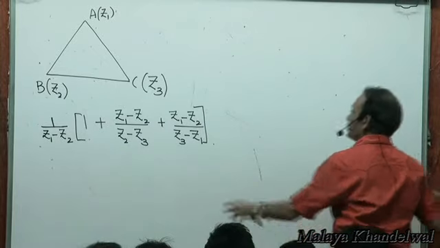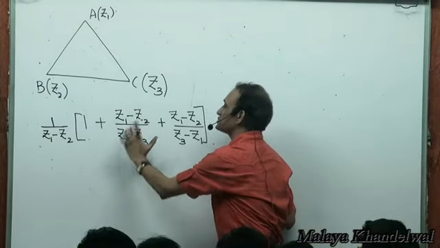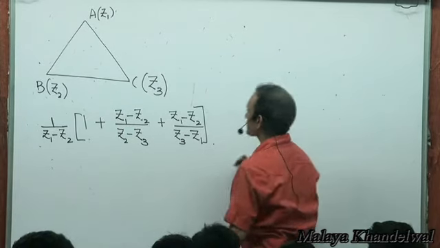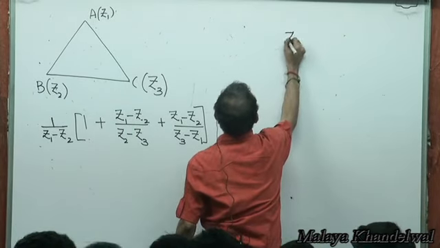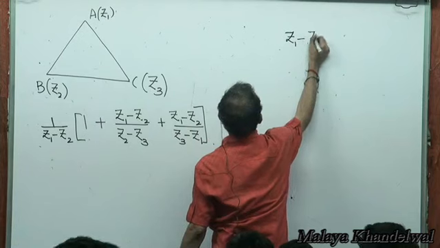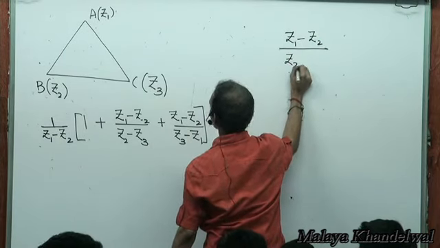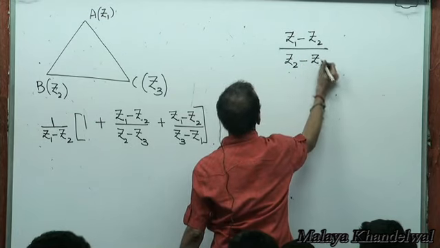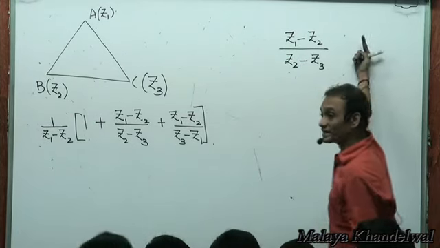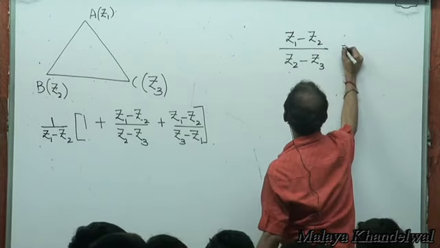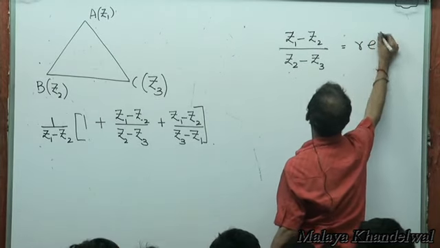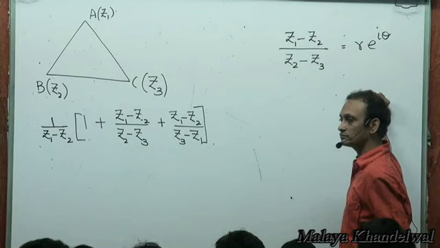Now, let me look at this vector, for example, z1 minus z2 by z2 minus z3. This vector would have a modulus r and would have an argument theta.